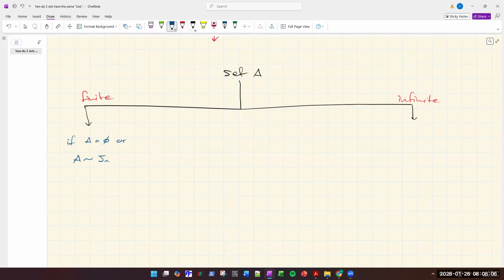And now for the infinite sets. We essentially know what all the finite sets are. The infinite sets can be further classified. These could be the countably infinite sets or the denumerable sets.